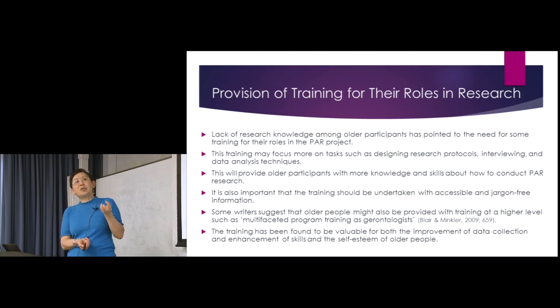Some people want to do the recruitment for you, then provide some training about recruitment. Of course, if any of them want to take part in everything, also provide training. Because we can't be sure that the older person in our PAR project would know how to do research. There might be some who have been a researcher, so they might know, but we can't expect that everyone will.